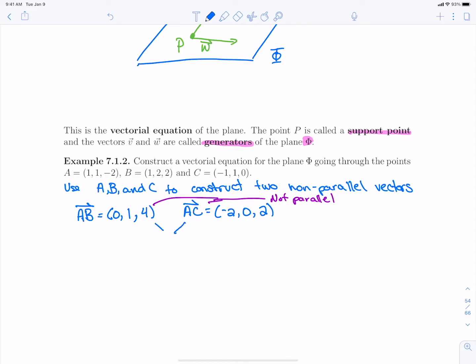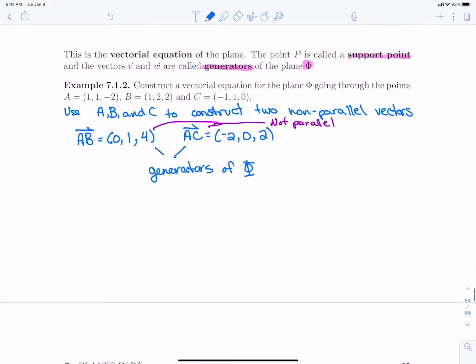So these will become my generators of my plane phi. Now, all I need to do when I write out the vectorial equation of phi is pick any of the points.